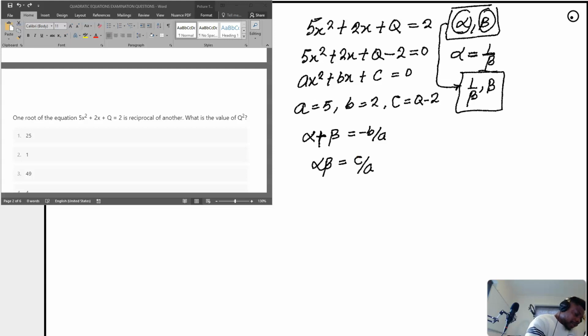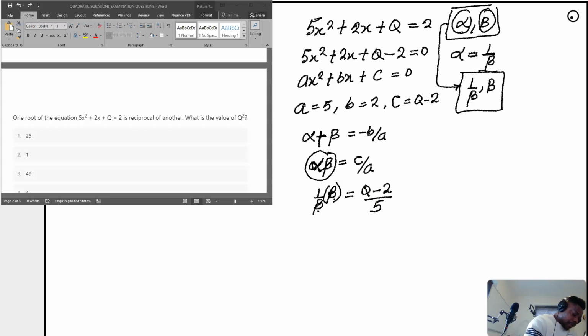So in this case, if I look at alpha beta, what is alpha beta? Alpha already is 1 over beta, right? Because it's here. So alpha beta is 1 over beta times beta, which is equal to c over a. What is c? q minus 2, over a, that is 5.